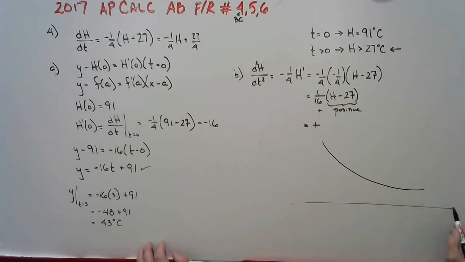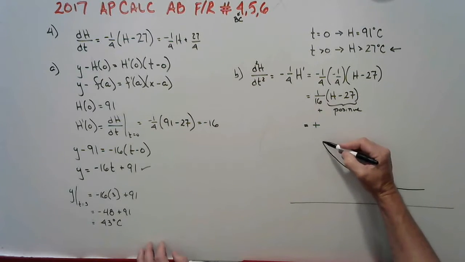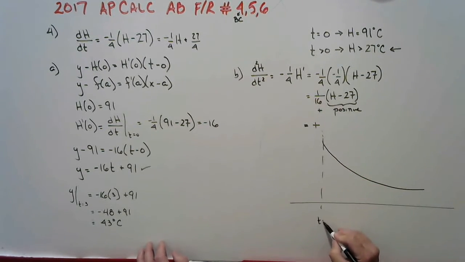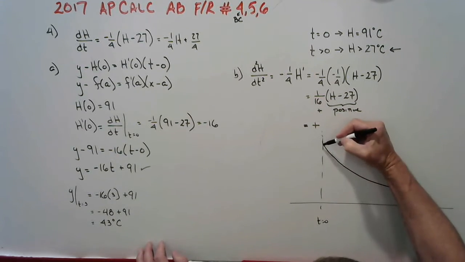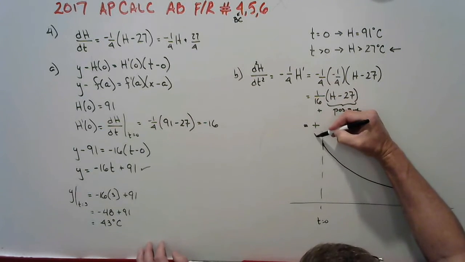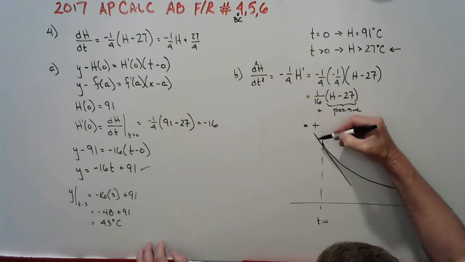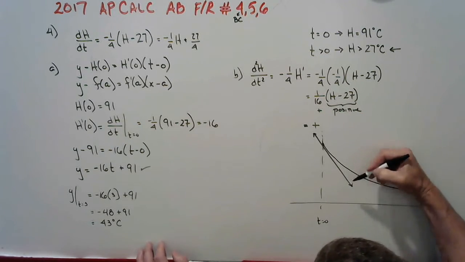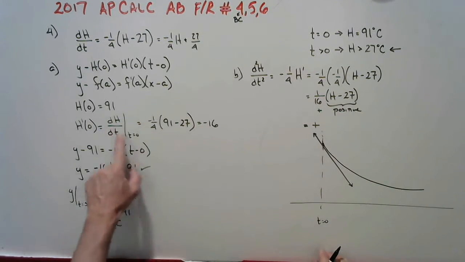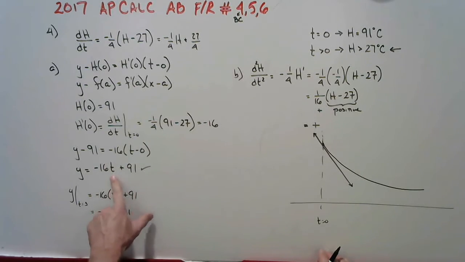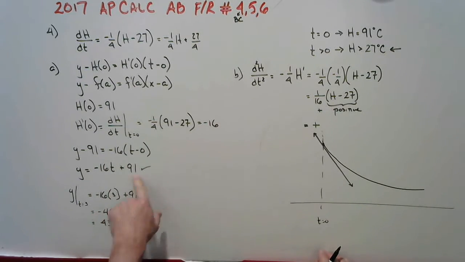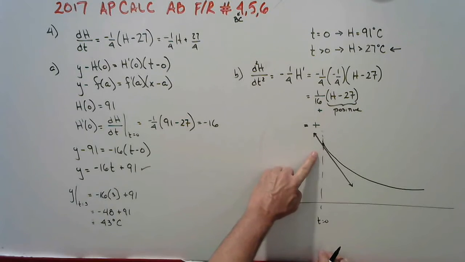So let's put an axis down here. Here's t equals 0. So we took the tangent line here, right? That's the equation we found, y equals negative 16t plus 91. We found that tangent line.